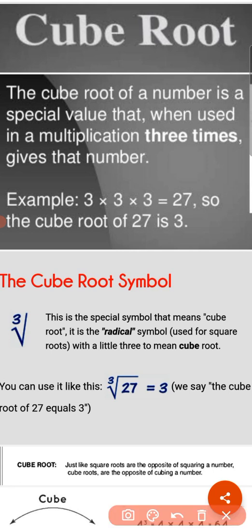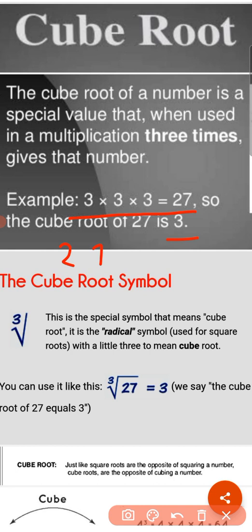See this example, children. 3 multiplied by 3 multiplied by 3 is equal to 27. So the cube root of 27 is 3. Okay. When we multiply 3 times, we will get 27 as the product.